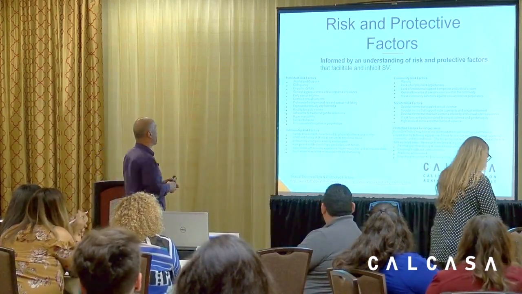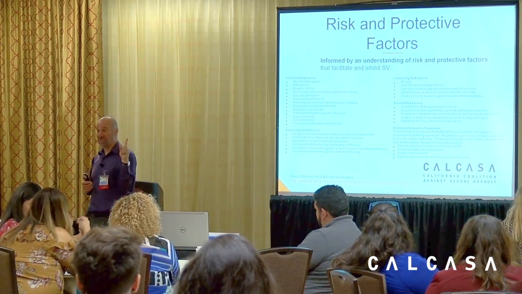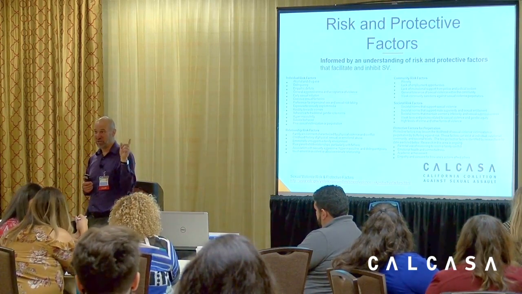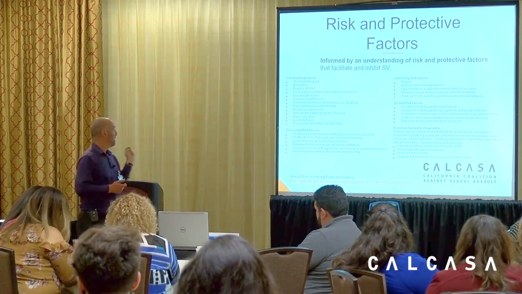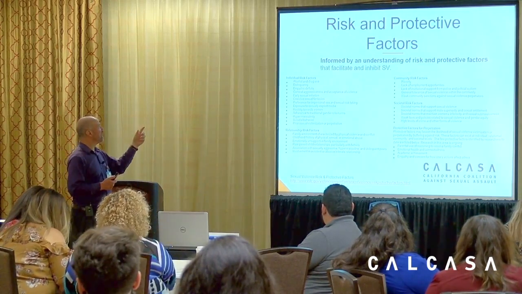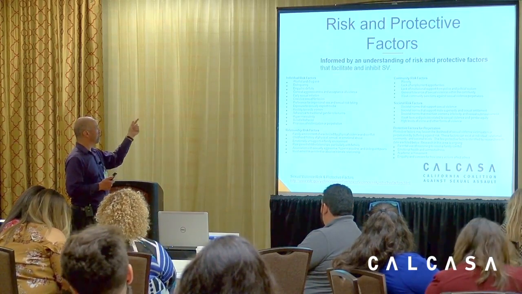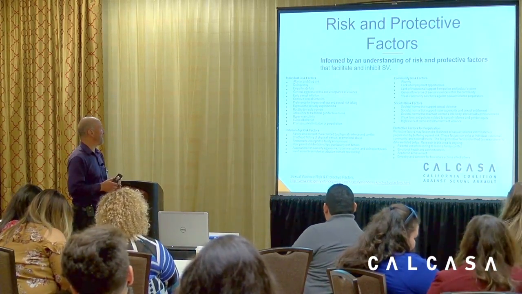Individual risk factors are like alcohol and drug use. Now, remember I said this is not a cause of sexual violence perpetration or victimization, but it's associated with it. Delinquency, empathetic deficit. These are ones actually around perpetration mainly. Empathetic deficiencies, general aggressiveness and acceptance of violence.